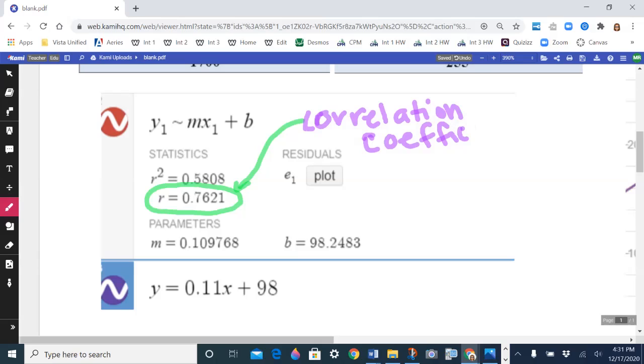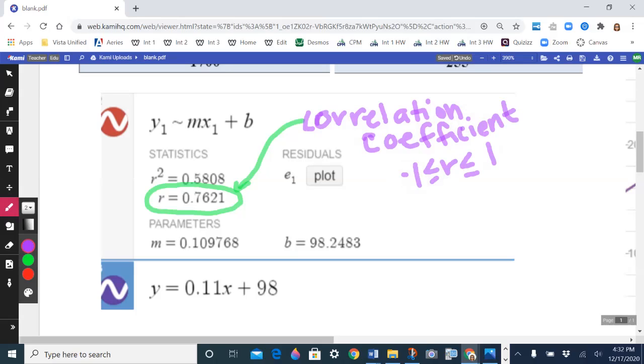And that correlation coefficient is always between or equal to -1 and 1. This one is positive because it's an increasing line. I would say it's closer to 1 than to 0, so this would be somewhat strong correlation. And again, it's a positive correlation.